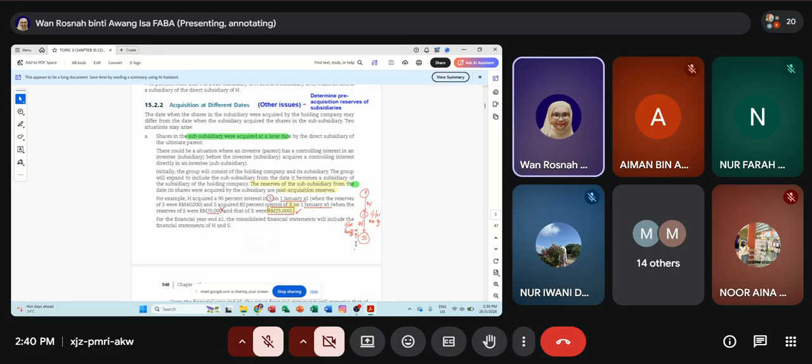So there could be a situation where the investor parent H has a controlling interest in an invested subsidiary S before S acquires a controlling interest directly in another subsidiary. Here H acquires S 90%, and later, at a different date, S acquires SS.